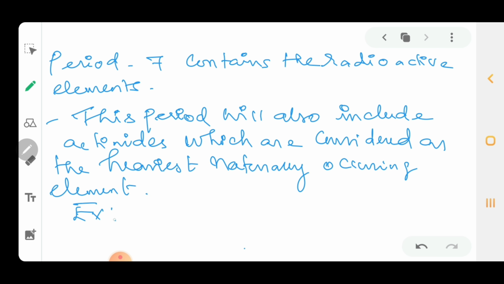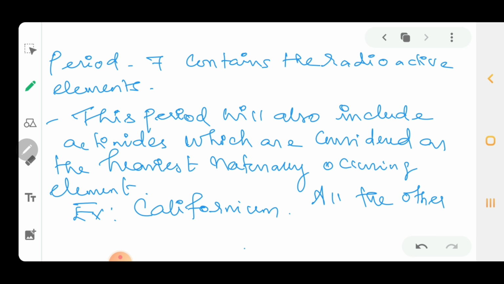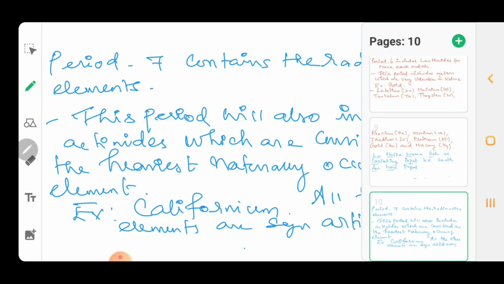Okay, one such example for that is californium. Okay, apart from this, all the other elements in period number 7 are synthesized artificially. So if they ask the one element which is heaviest and naturally occurring, then the answer is californium. And remember, all the other elements in period 7 are synthesized artificially.